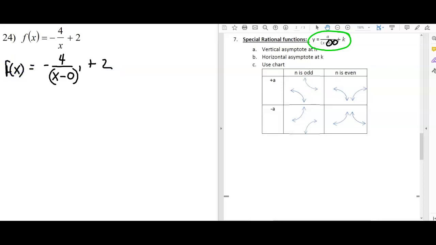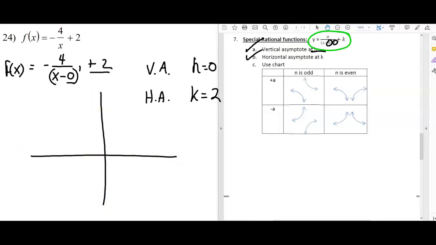So let's go ahead and begin here. The vertical asymptote will be at h. H equals 0 in this case. Next, we have the horizontal asymptote will be at k, and k equals 2 in this case. So let's go ahead and sketch those things.